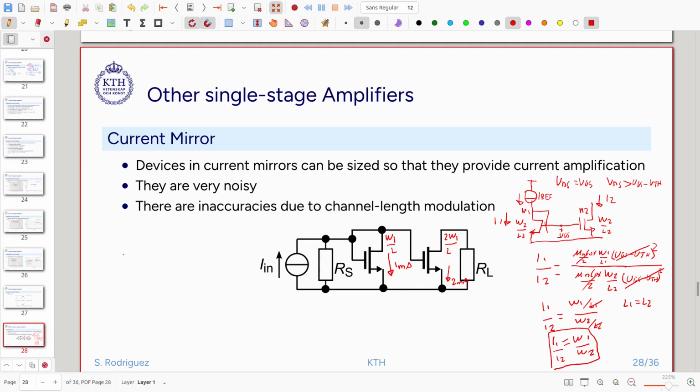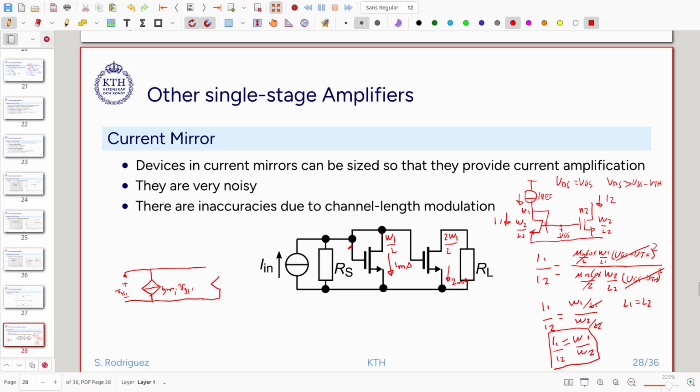For AC, we will have to put the small signal model, and I'm just going to draw it for low frequencies. For the first transistor, we have gm1 vgs1. The gate is connected to the drain, so we have connected this gate and this drain, and that will go to the second transistor here.